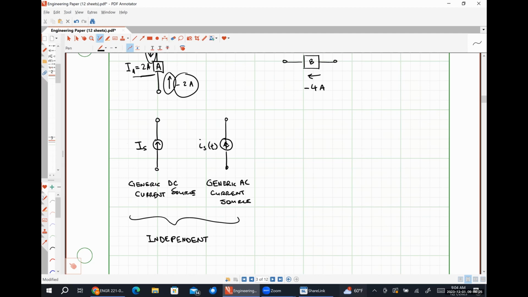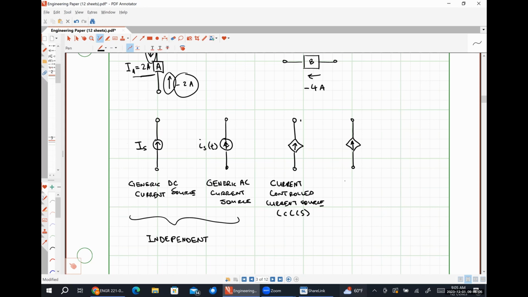And then we're also going to have 2 different dependent current sources that we have to deal with. Once again, their symbols are going to be identical. The one on the left will be a current controlled current source, or CCCS.